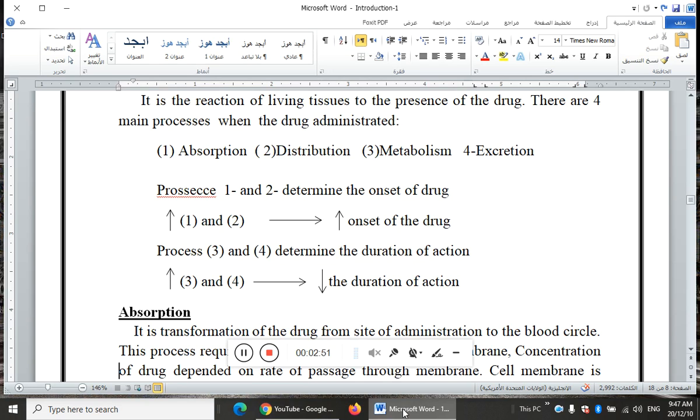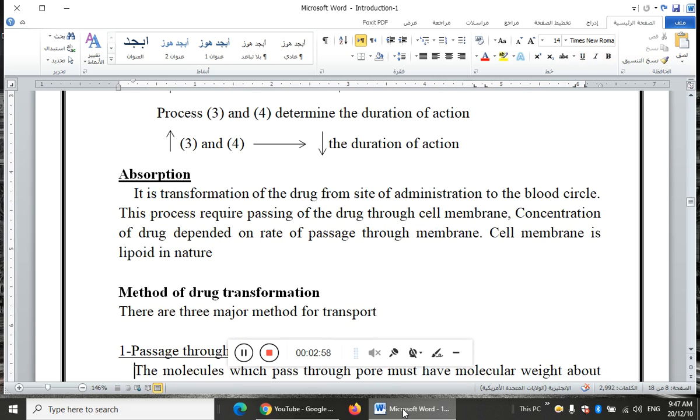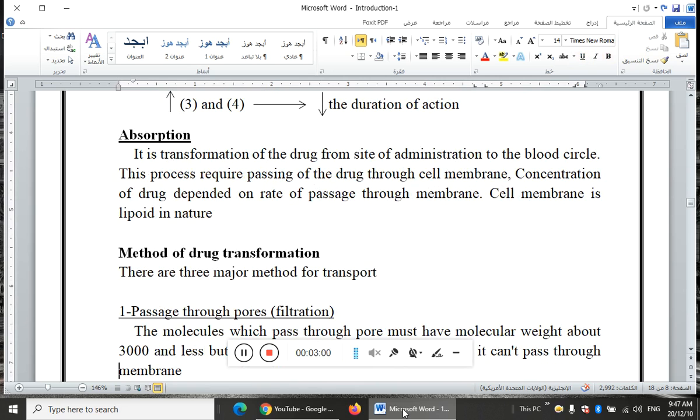So, we're beginning with absorption. It is defined as transfer of the drug from the site of administration to the blood circulation.